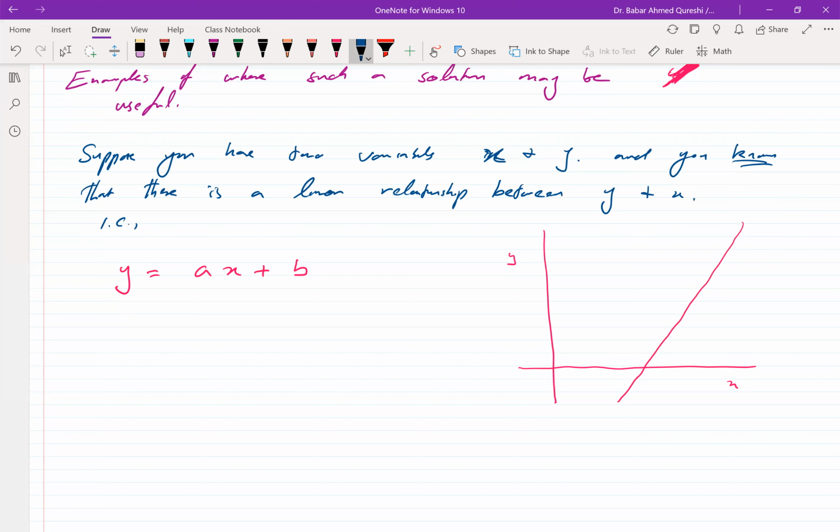But then you go and you try to measure different x1 and y1 experimentally, or you generate them. So you go in the field and you gather data for x and y, and you get some values. You plot them. They will never fall on this line which you are expecting them to follow.